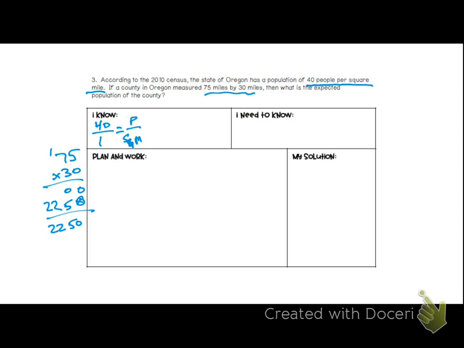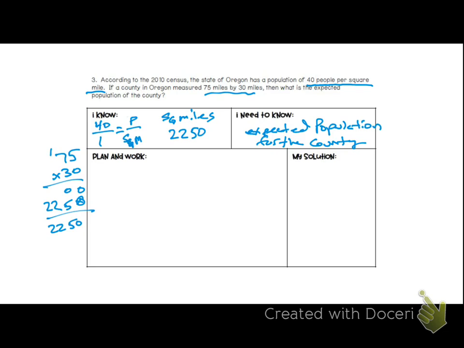And the other thing I know is there are 2,250 square miles in this county. What we need to know is the expected population for the county. Not just 1 square mile, but all 2,250 square miles.